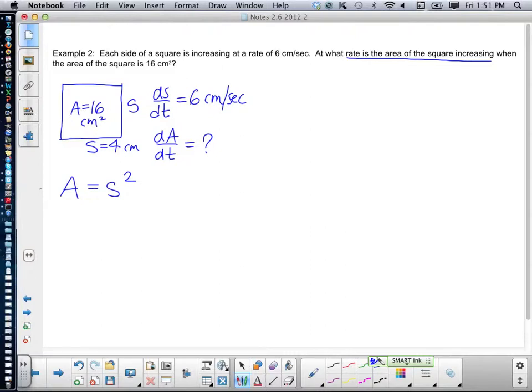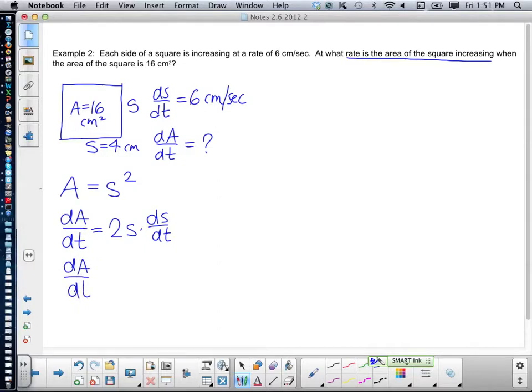So we have dA/dt equals 2s times ds/dt. So derive. Substitute and solve? Okay, so let's substitute. dA/dt is what we're looking for, so we'll just leave that alone.